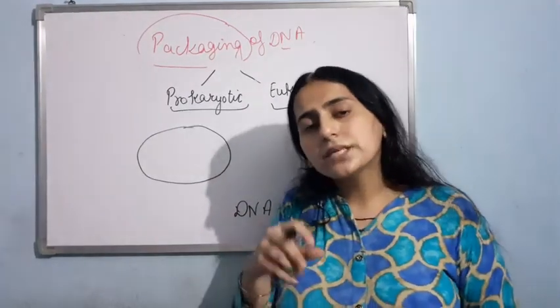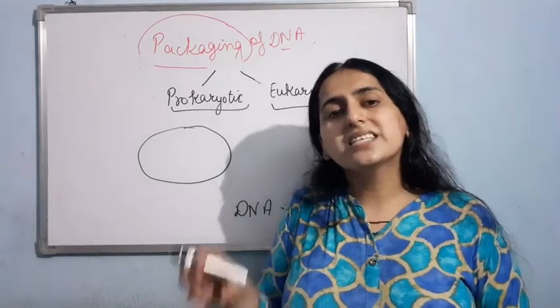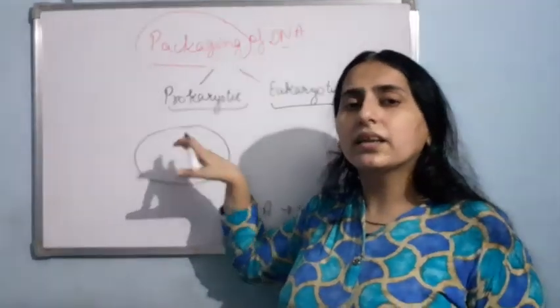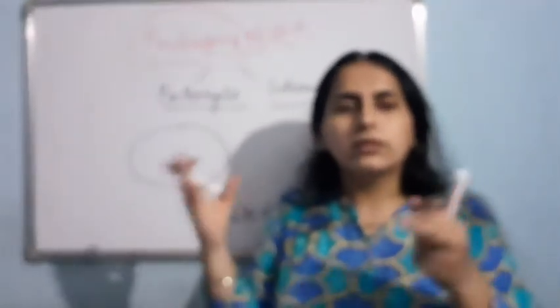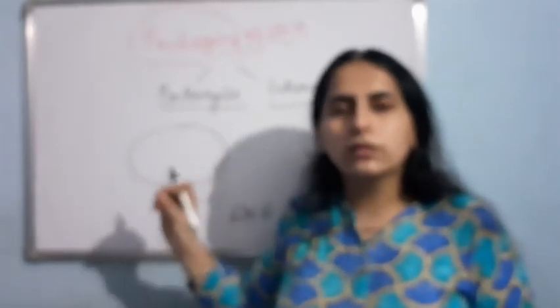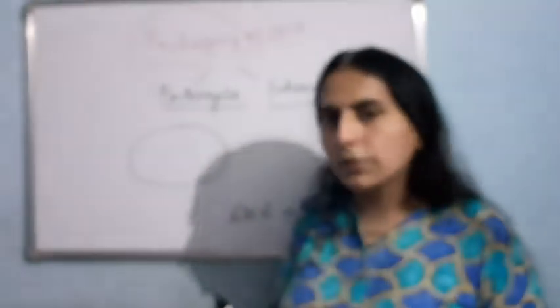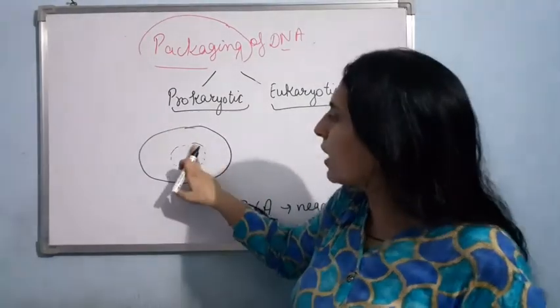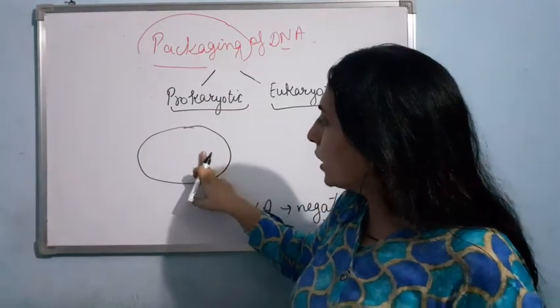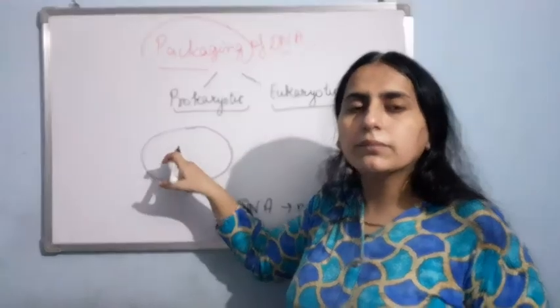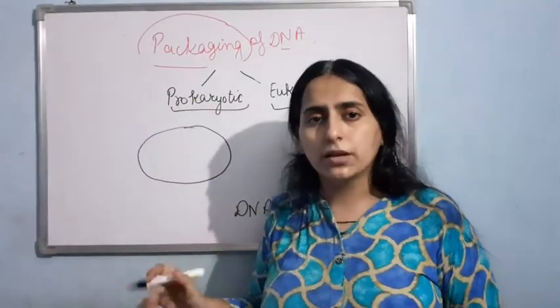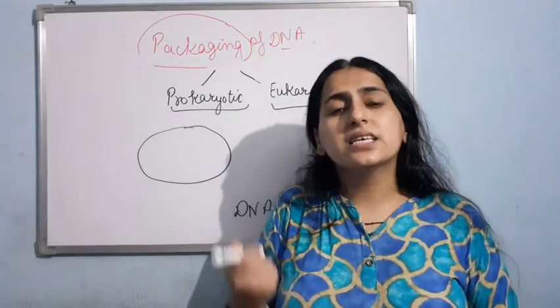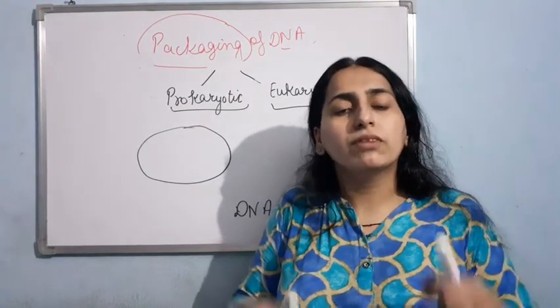Now, does the absence of nuclear membrane mean their genetic material would be scattered in the whole cytoplasm? No. The DNA is the most important thing of anyone's body.